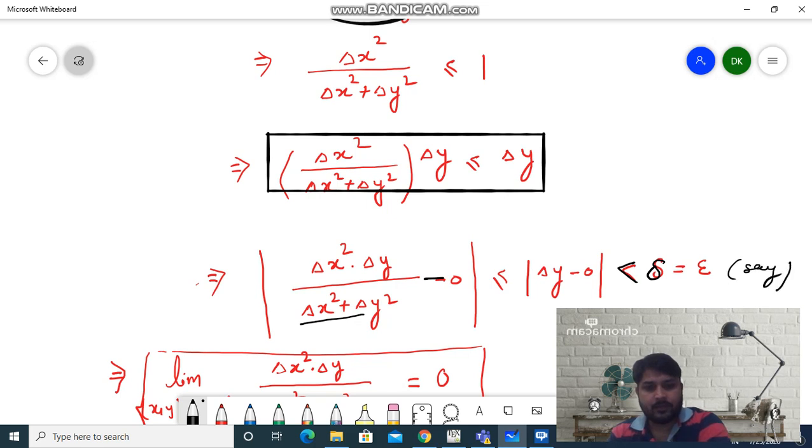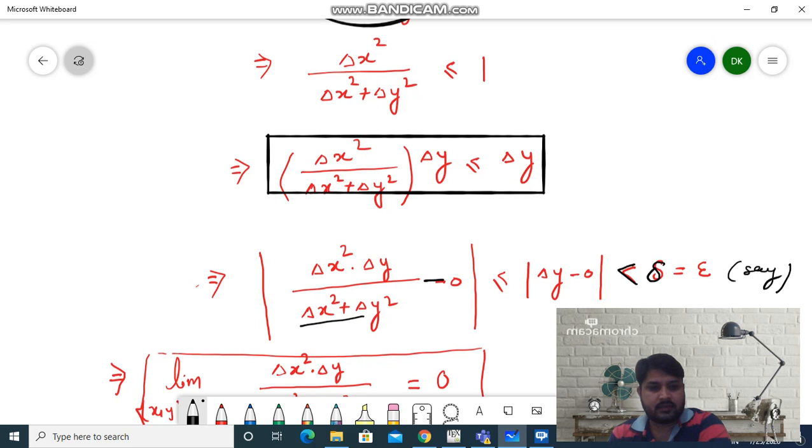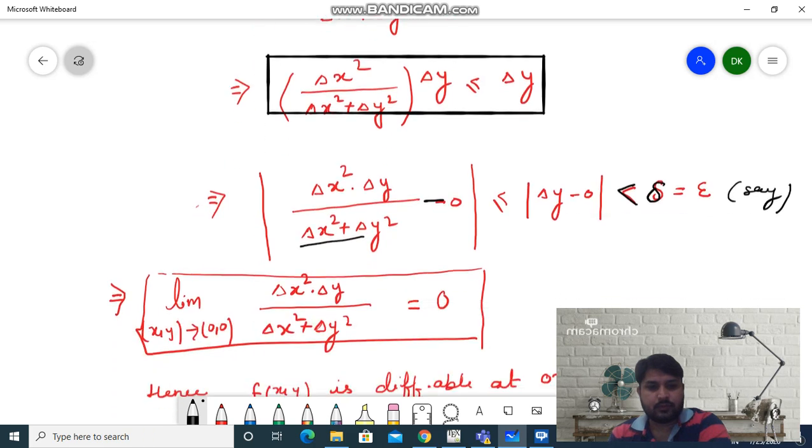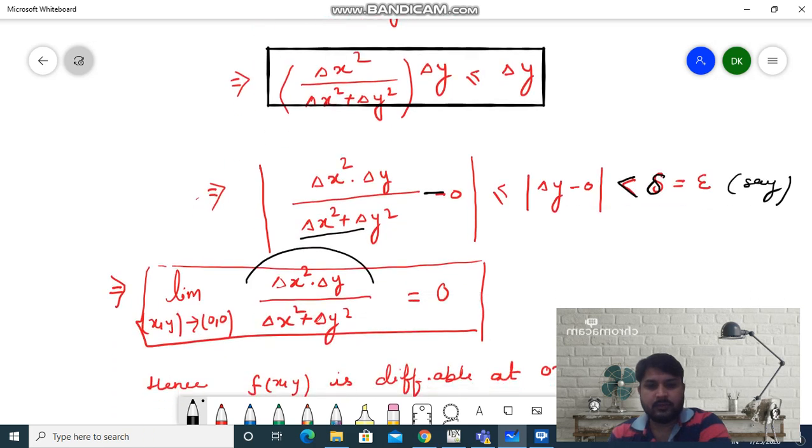So this implies that the modulus of this function minus 0 is less than epsilon, so we can write that the limit of this function at the origin is equal to 0.